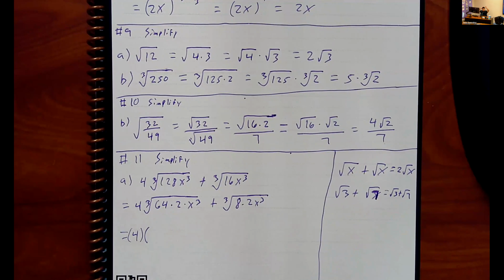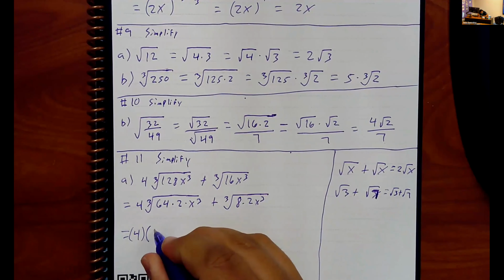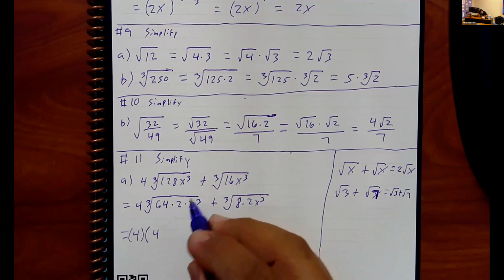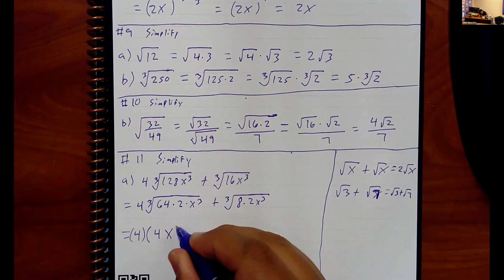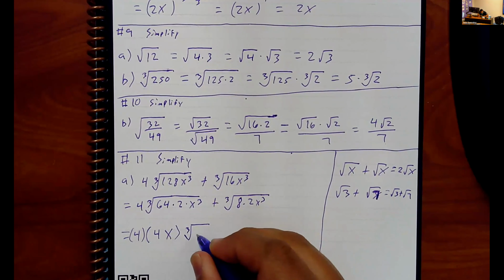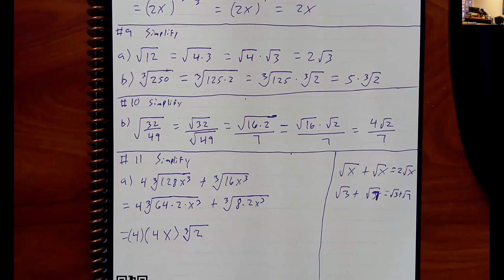Yeah, it's gonna be a 4. So we got a 4 out here. Cube root of an x cubed, these would cancel, leaving you with just an x. So the only thing that does not come out is the 2. You see? Does that make sense? So these parts are cube rooted.